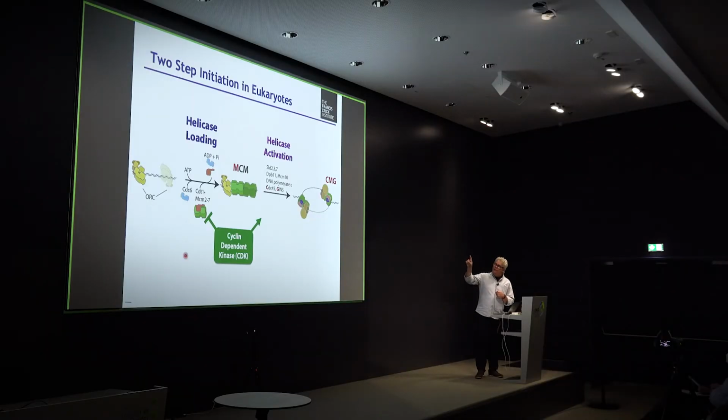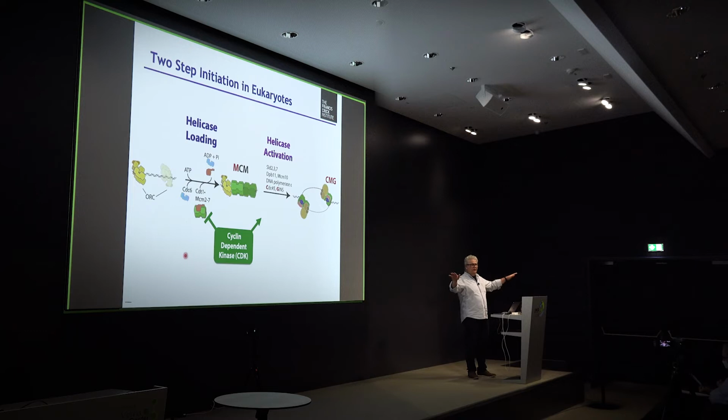And then as cells enter S phase, CDK becomes reactivated. And these 2 steps are regulated differently by CDK. So on the one hand, CDKs block the helicase loading reaction. And on the other hand, they're essential for the helicase activation reaction. And so this is the logic of how you get once per cell cycle replication.